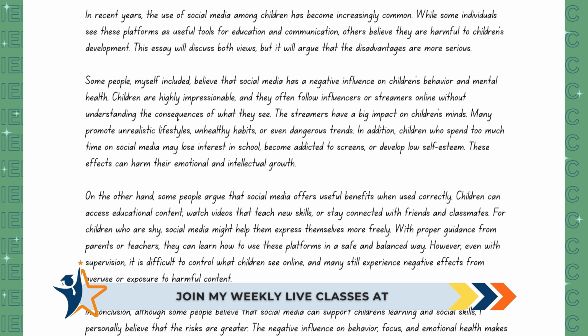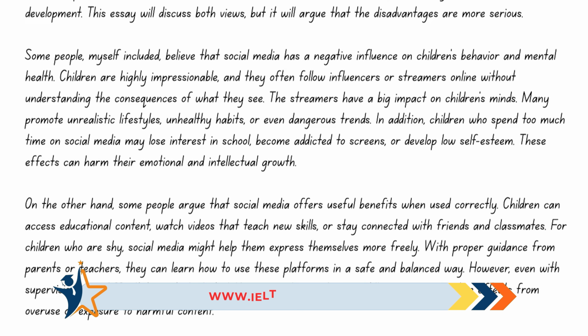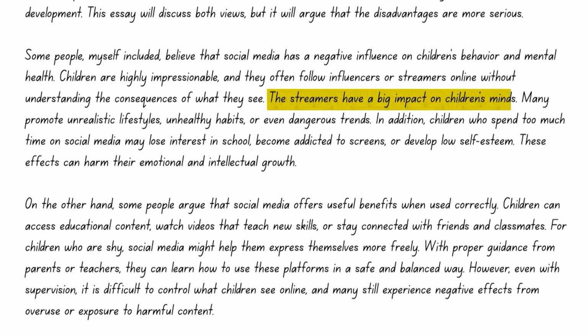But when we go down a little bit to the support sentence, the candidate wrote, "The streamers have a big impact on children's minds." This is wrong. Instead of impact, the correct word here is again influence, because this sentence is also about how children think and behave, not about something physical or visible.